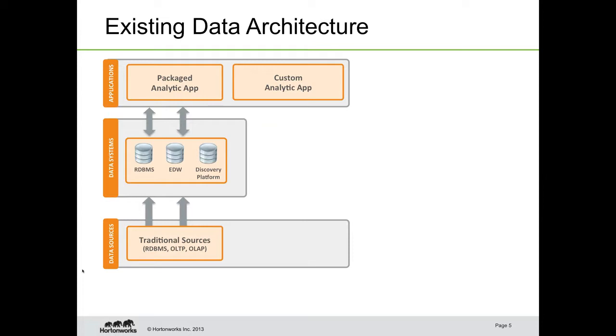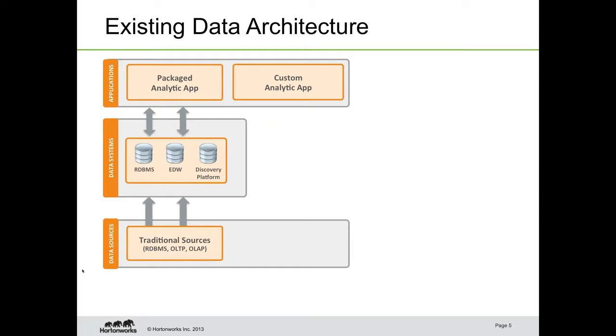First, let's look at a pretty simplified diagram, admittedly, but a diagram no less that is representative of the architecture that most organizations have today in some form or fashion. It's collecting traditional transactional information, flowing it through to relational systems, enterprise data warehouse systems, and discovery platforms to analyze and store that data, and then pass that information on to or be used by packaged analytic applications, business intelligence tools, various kinds of analytics to gain insight into businesses.